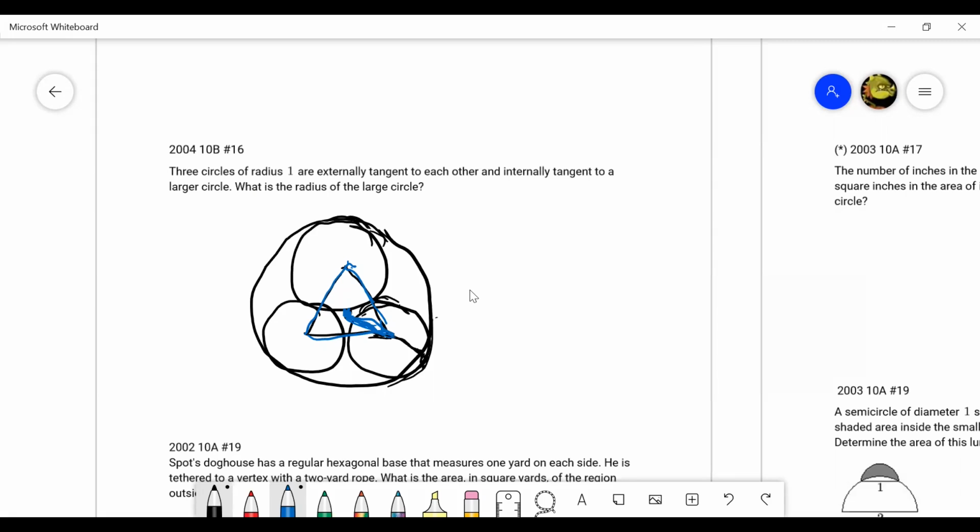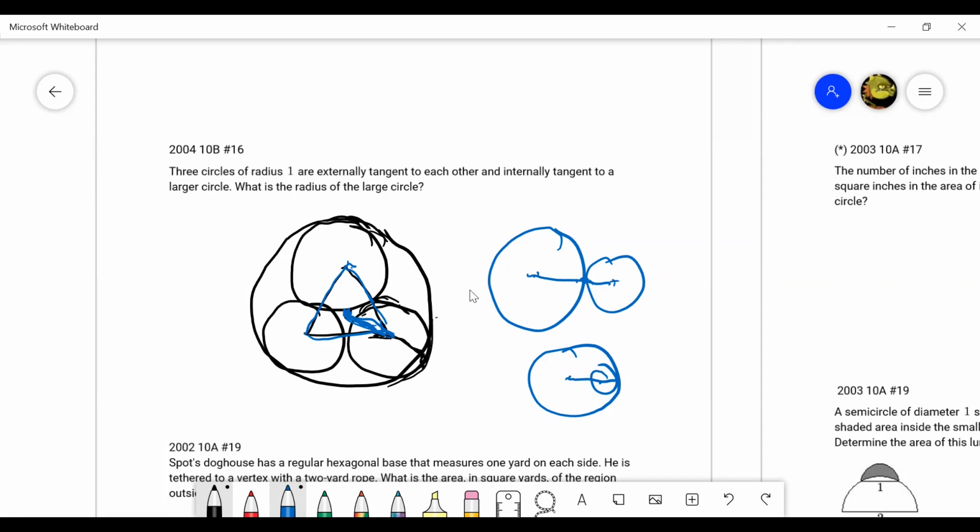And I did forget to mention this, but another cool thing to know is that for any two circles, be it externally or internally tangent, you have their tangency point, and the two centers are going to be collinear, meaning that this line between the two centers of the circles is actually going to be the same line as between each center to the tangency point, like so.